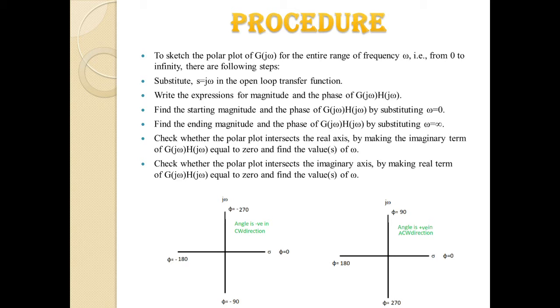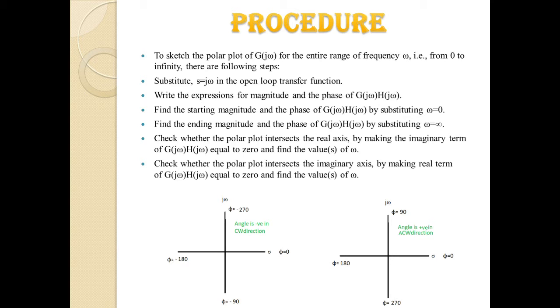To find the point of intersection with the real axis, we make the imaginary term of G(j omega) equal to 0. After that, we can find the value of omega, and from that we can find the point of intersection with the real axis.